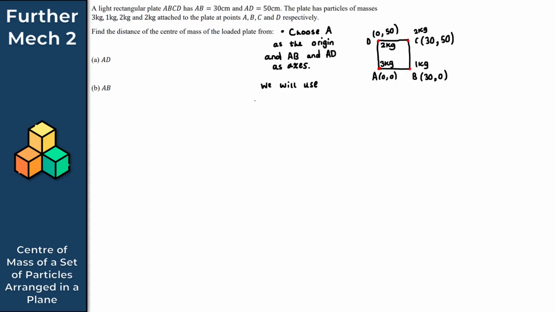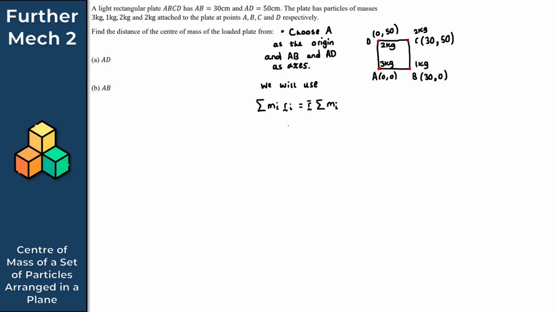We have the summation of m_i, the mass of the ith particle, times the position vector of the ith particle, and this is equal to r bar times the summation of the masses of the particles. This result will give us what we need.